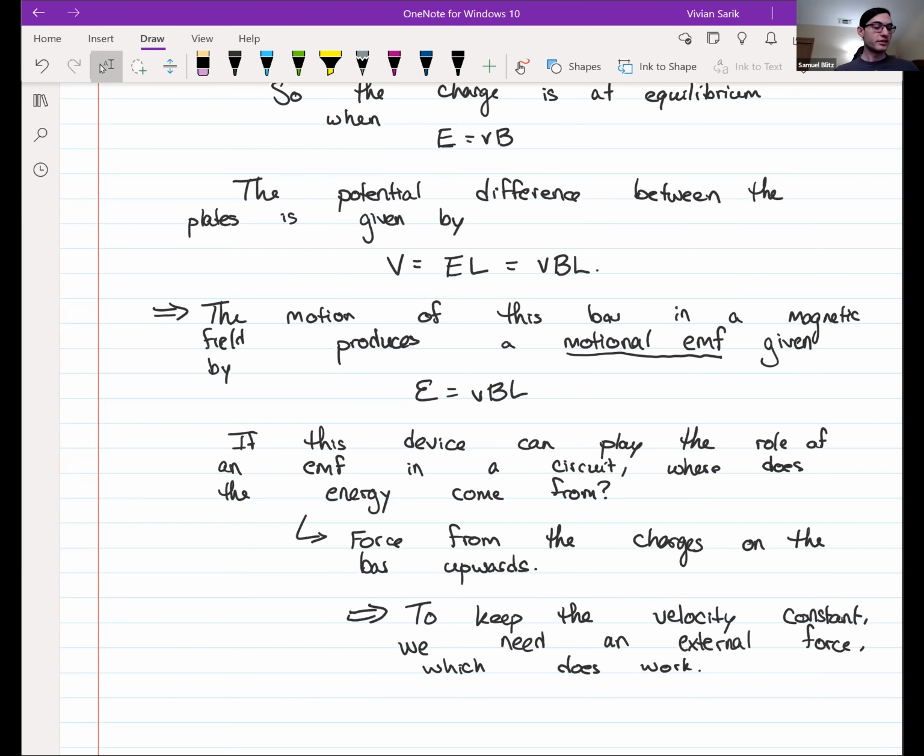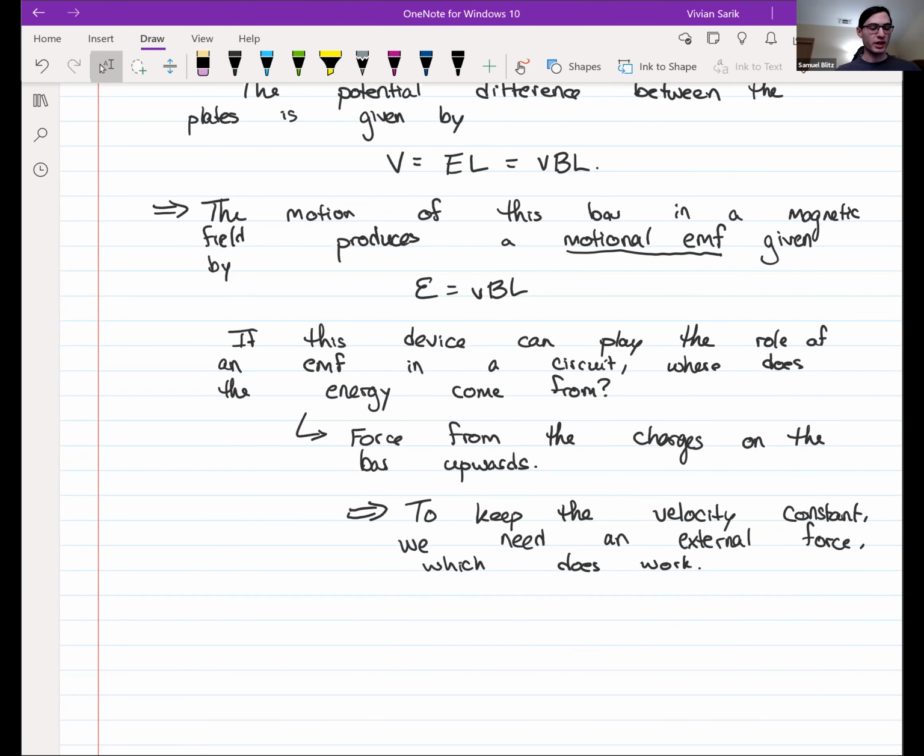But yeah, so there are a few examples about motional EMF that you guys should take a look at. One of them is in the Young and Friedman book, and it's about the motional EMF of an object that's in orbit. So imagine for a moment, well, you guys know that the Earth has a magnetic field. And if you have some metal object that's moving in orbit around the Earth, well, there might be some motional EMF.